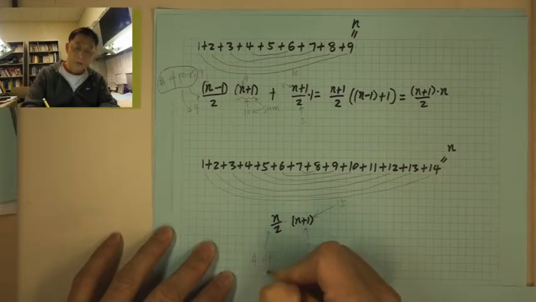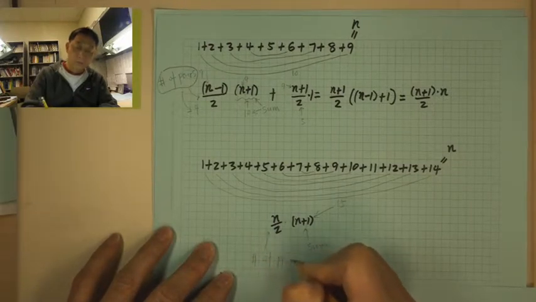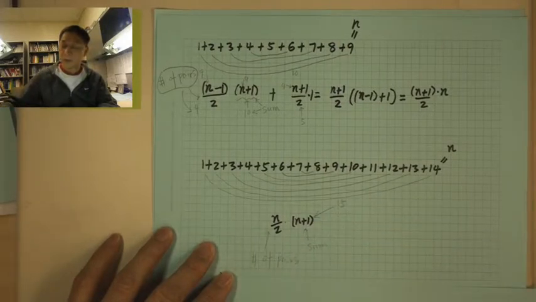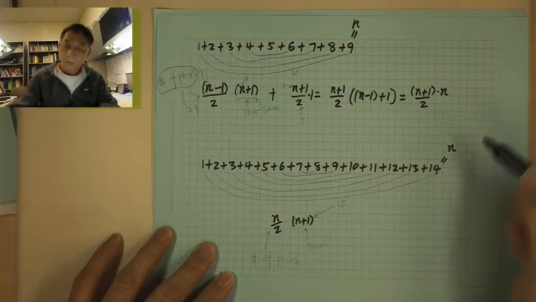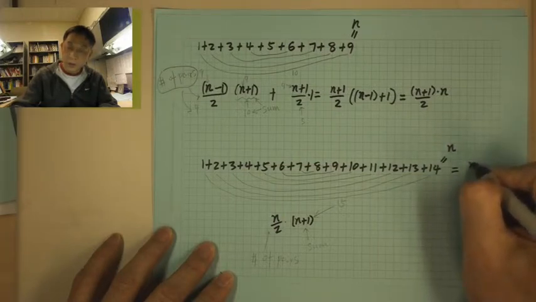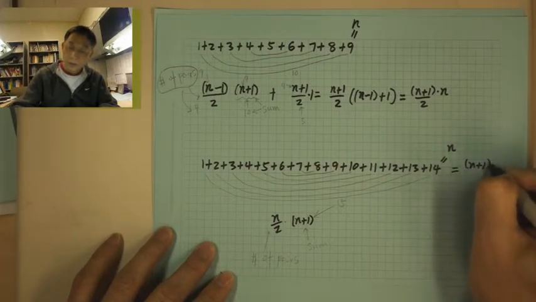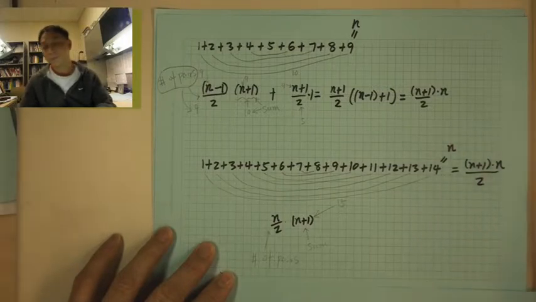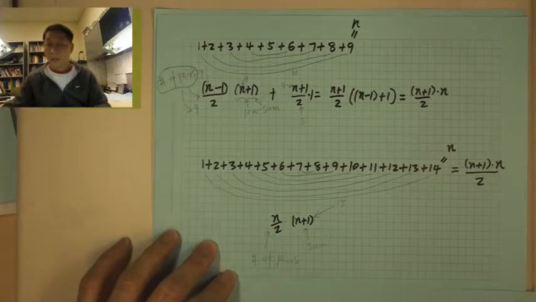So the sum will be n plus 1 times n divided by 2. They are the same.